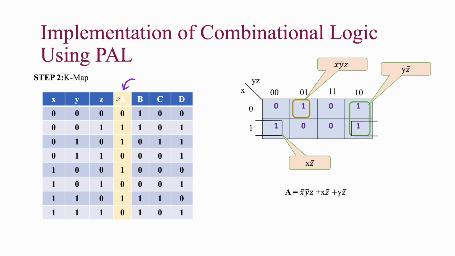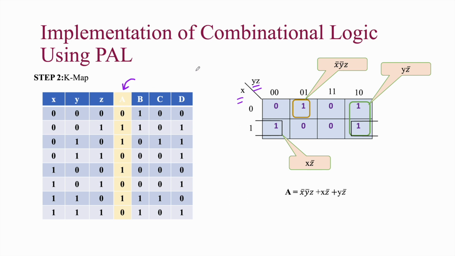Let us first start with finding out the expression for A. How many input variables we have? We have X, Y, Z, 3. Therefore, the KMap also can be a 3 variable KMap having variables X, Y and Z. Right now X can be only 0, 1, and YZ can be 0, 0, 0, 1, 1, 1 and 1, 0.